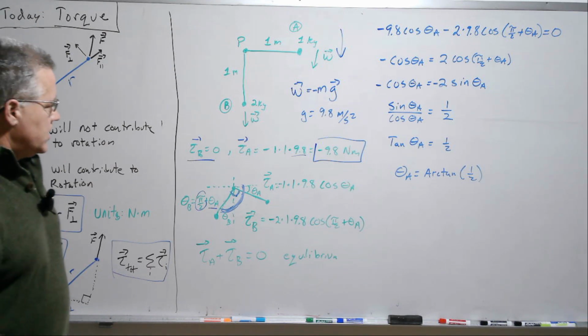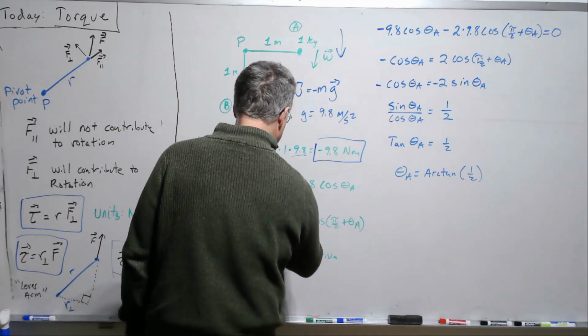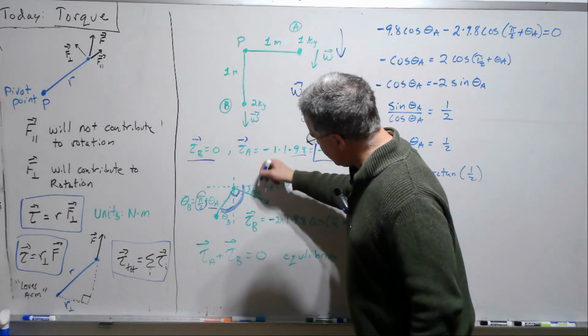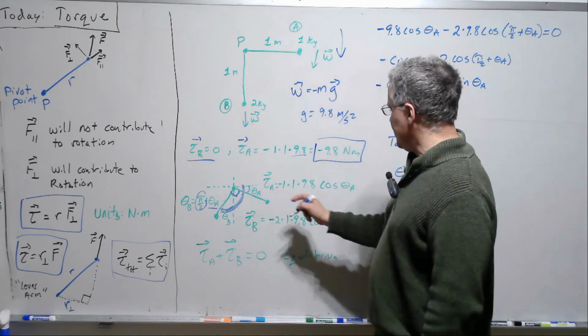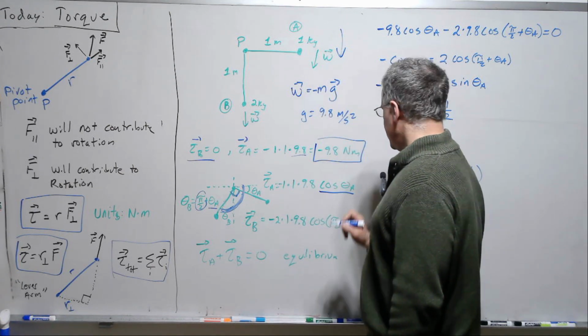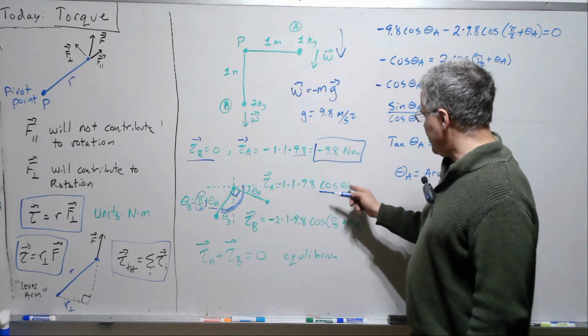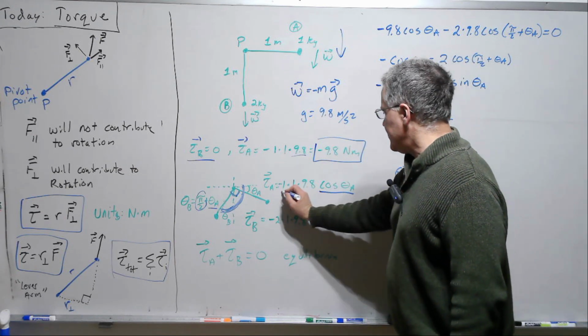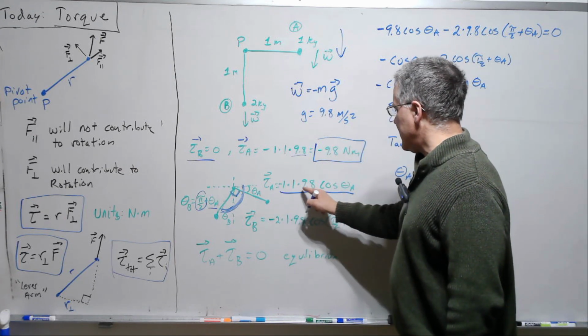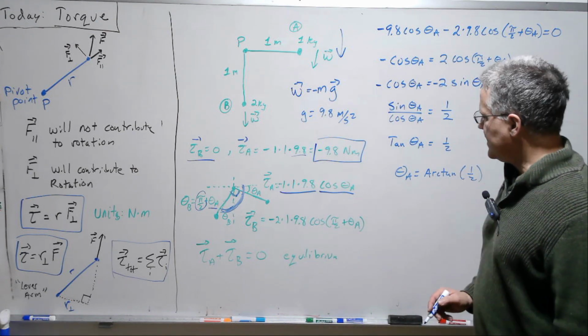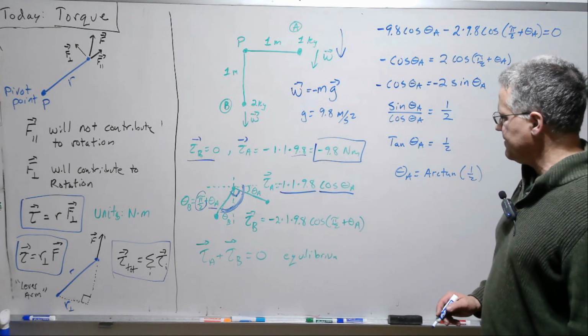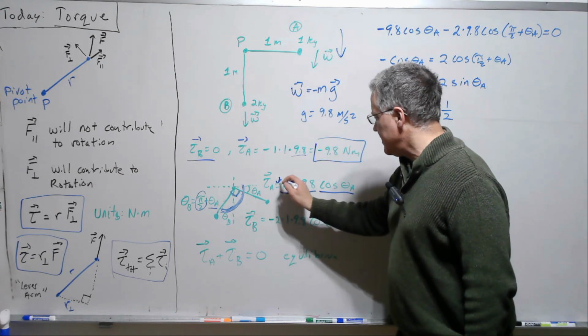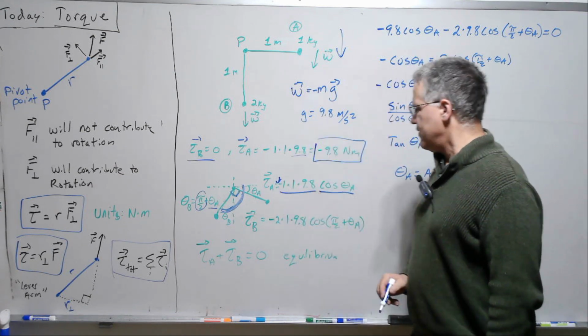Okay, so let's write out the torques for each of these. We're going to need the perpendicular component only. So that's going to be cosine theta A, then times the radius, the mass, and the acceleration due to gravity. And then a minus sign here because that wants to move in this direction.